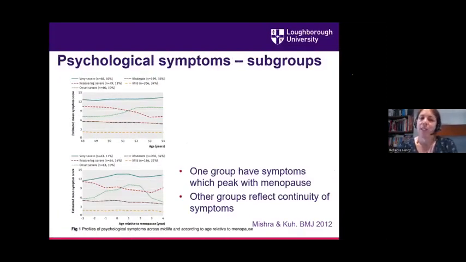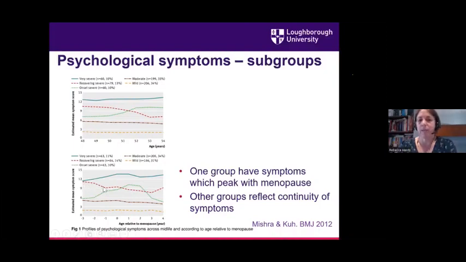I just wanted to contrast this with the patterns for psychological symptoms. So exactly the same sort of plots here, according to menopausal age, there were 5 groups. And what you can see is that there's more of a tracking of symptoms across that whole period. There is actually only one group of women who see a peak during the menopause and a decline, whereas the others are much more about tracking of symptoms across this part of life.